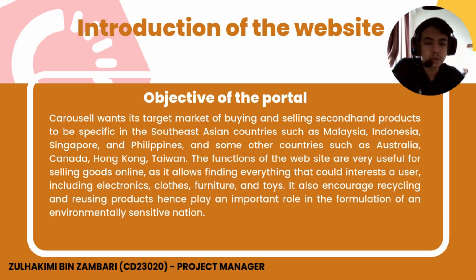The objective of the portal is to target a market of buying and selling second-hand products, specifically in Southeast Asian countries such as Malaysia, Indonesia, Singapore, and the Philippines, and other countries such as Australia, Canada, Hong Kong, and Taiwan. The function of the website is very useful for selling goods online, as it allows finding anything that could interest a user, including electronics, clothes, furniture, and toys. It also encourages recycling and reusing products, hence playing an important role in the formation of an environmentally sensitive nation.